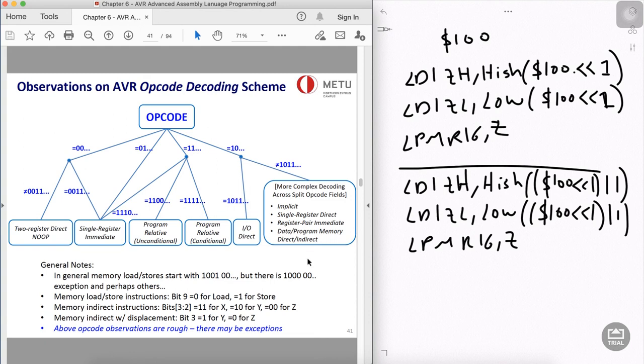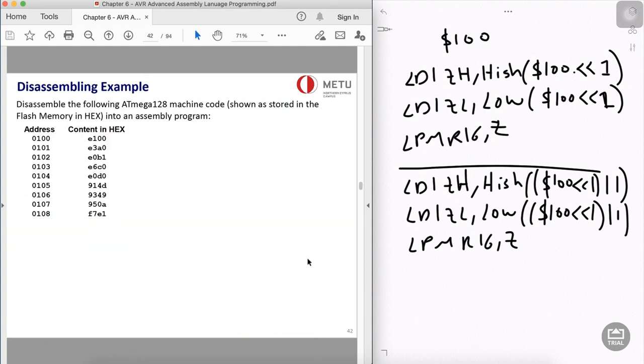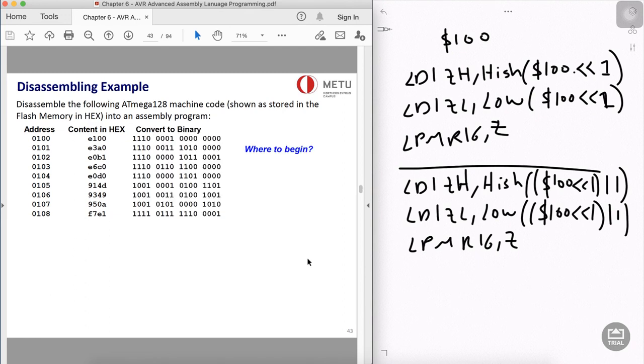So if you look at this disassembling example, which we have done something similar to this, the machine codes and the contents in hex are shown over there with their addresses. Now, if we convert them to binary, E is 1110, then 001, and 0000, and it goes like that for all of them.